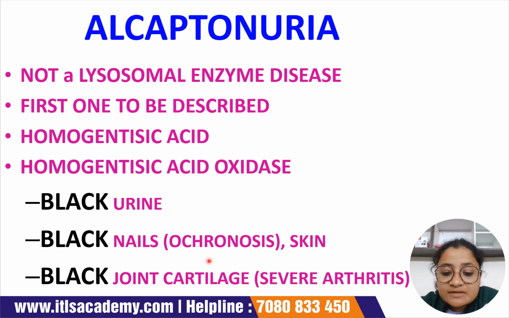The typical clinical symptoms will be black colored urine, black colored nails, which is also known as ochronosis. I will be showing you the diagrams. Black colored skin and black colored joint cartilage, which will lead to severe arthritis. Why black colored? Because in all these places this homogentisic acid will start depositing or accumulating.